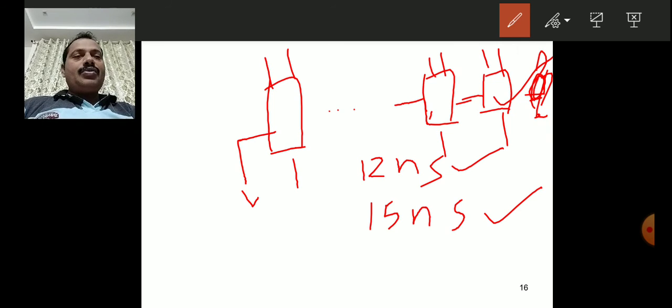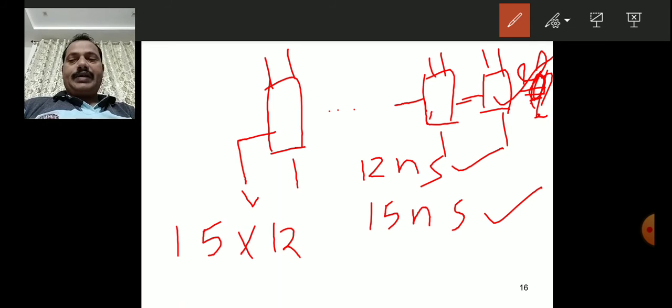And because there is no carry propagation to this first zeroth full adder, but after this only there is carry propagation delay. What we have to do is we have to take 15 into 12 instead of 16 into 12, that is 15 into 12 nanosecond.